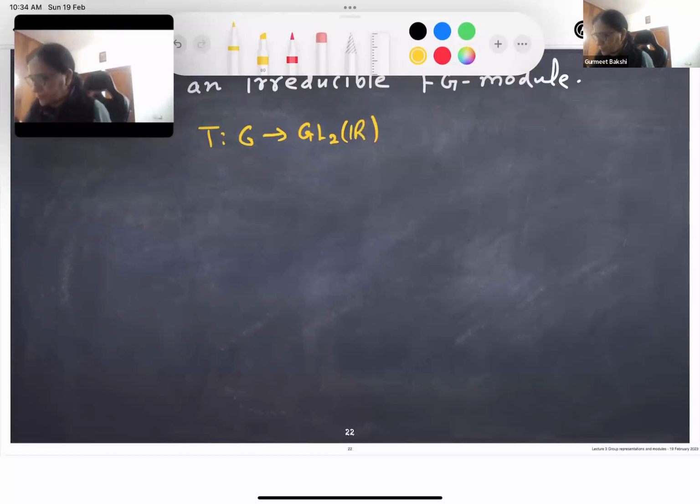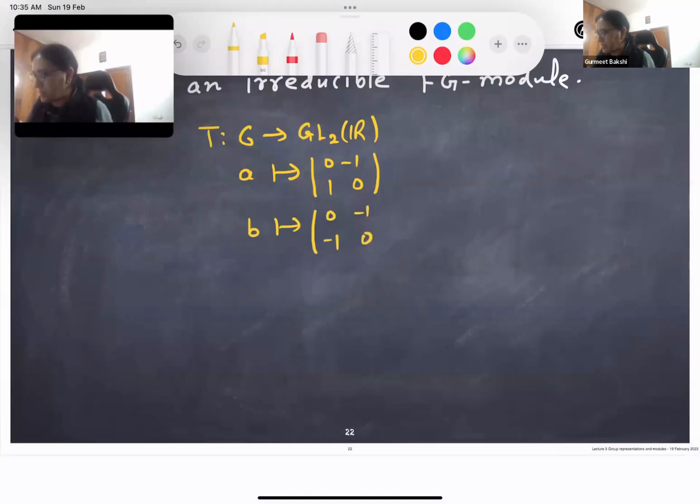I was just giving you linear transformations from R2 to R2. So what was that map? We send A to the 90 degree rotation, so (0, 1; -1, 0). I hope I am right, but if there is any typo, please let me know.